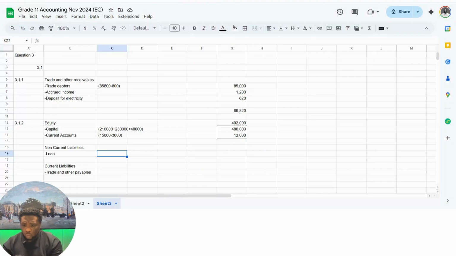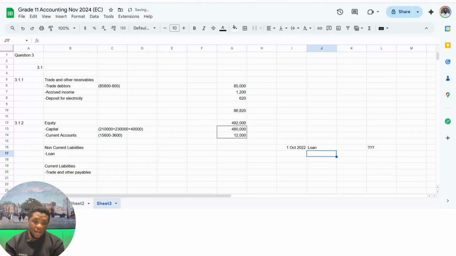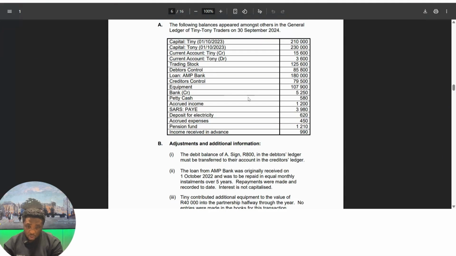So then in this case, if we look at this loan, we have 1 October 2022, the loan is taken, and that loan is question mark. We just know how repayments are going to happen. So what does it say? They say it will be repaid in equal monthly installments over 5 years.